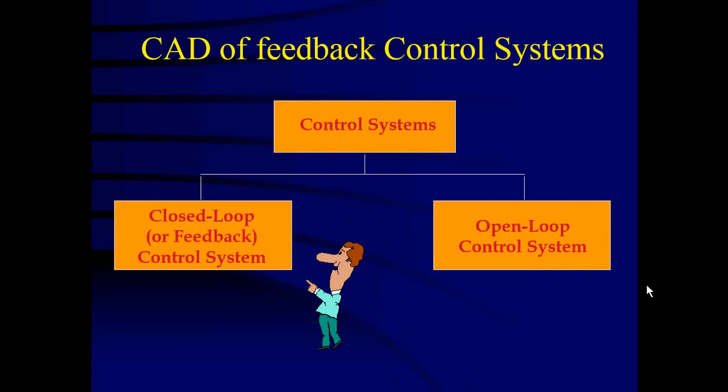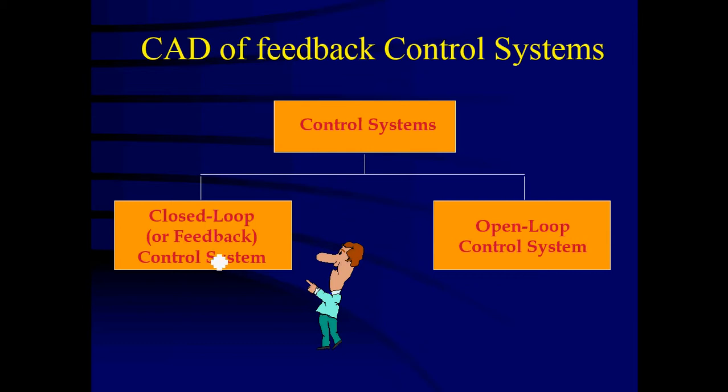We have control systems of two kinds. Some are called closed loop, and others are called open loop systems. For example, if you turn the light switch on a lamp, that's an open loop control because it's just on or off. The closed loop actually measures something, compares to what you want to do, and then takes action.